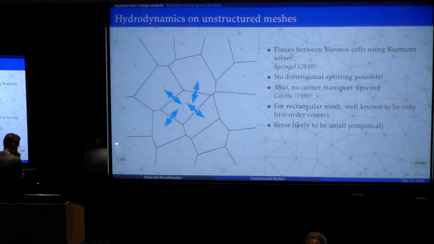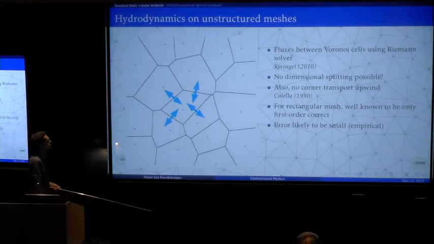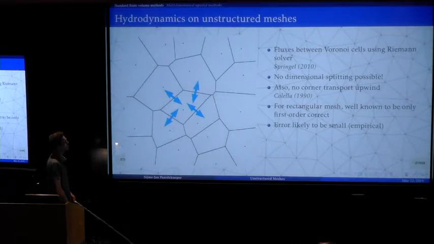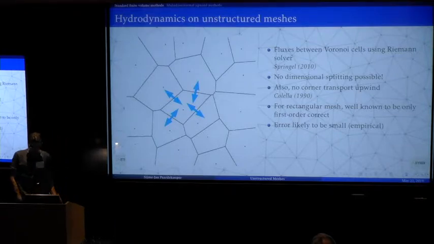So once we established that unstructured meshes are interesting for the problems where we need very high resolution in very small, limited areas of our computational domain, we need to do some hydrodynamics on it.